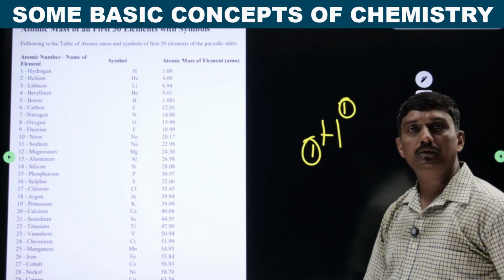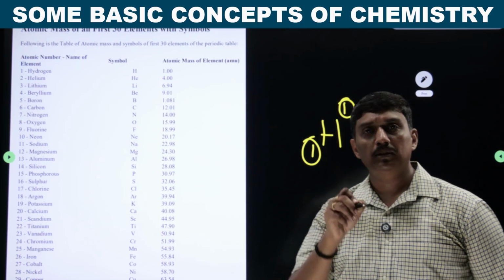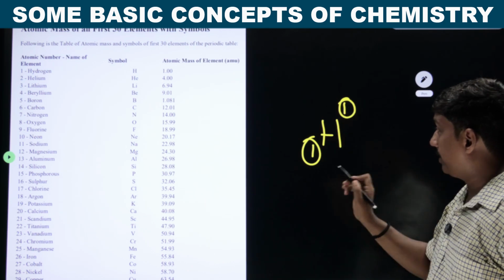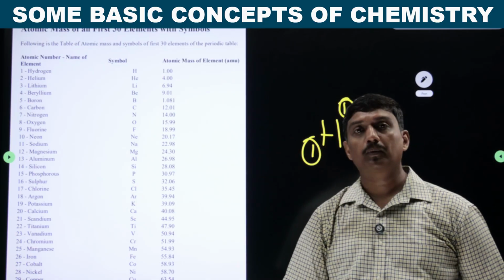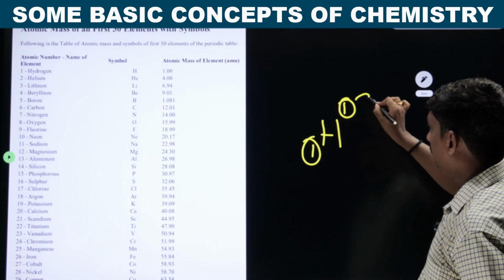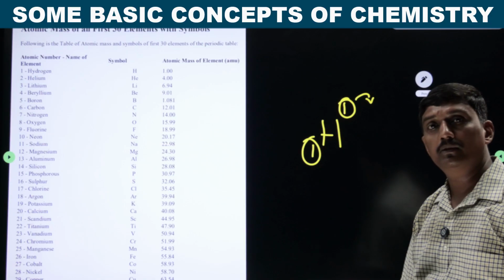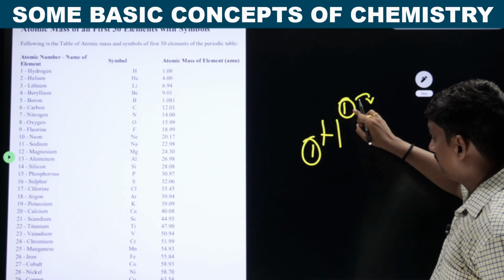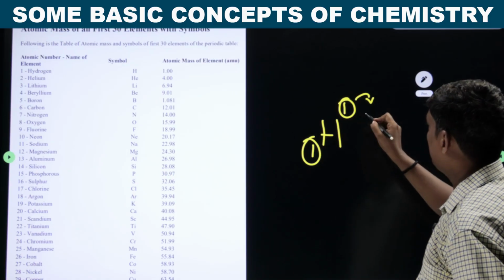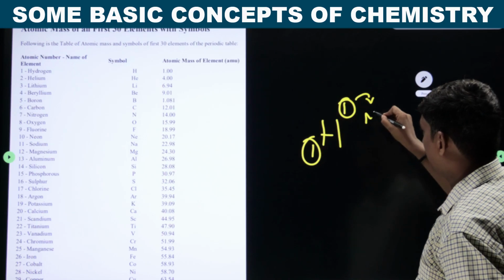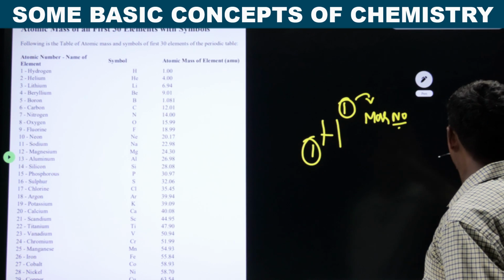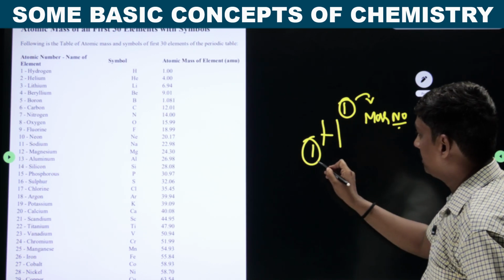What does this number represent? Simply if I write H, it's a symbol, no doubt. But if I write H with numbers, there should be some meaning and importance. What is that? This is said to be a superscript, which is on the right side top of a symbol. This represents the mass number.